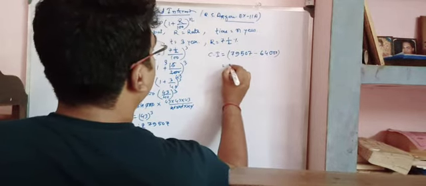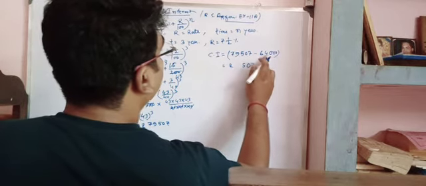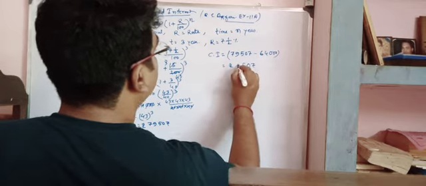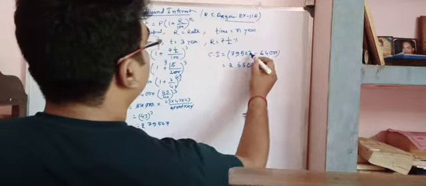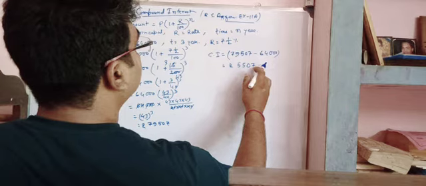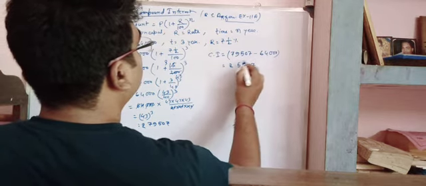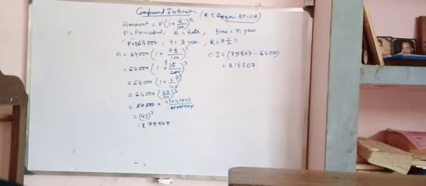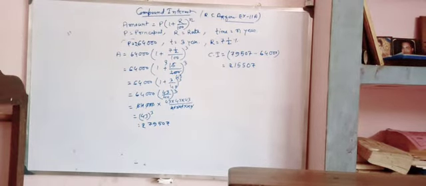So rupees 15,507 is my required compound interest. Okay, so that's it for compound interest.